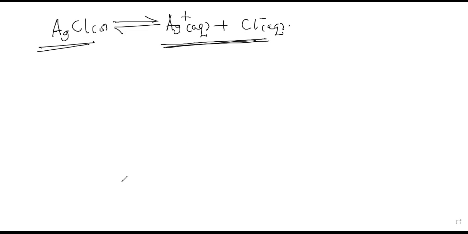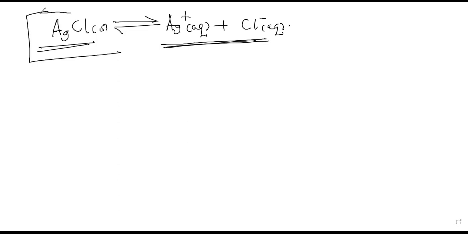Such salts dissolve in water, and when they dissolve in water, an equilibrium is established between the ions of the salt in solution and the solid solute. This is exactly what I'm trying to mean.